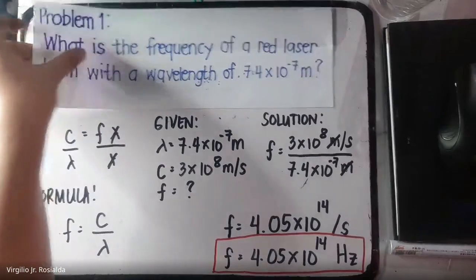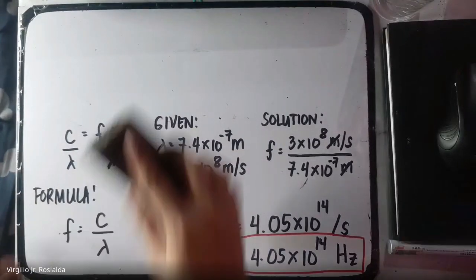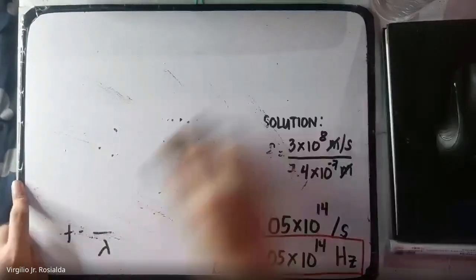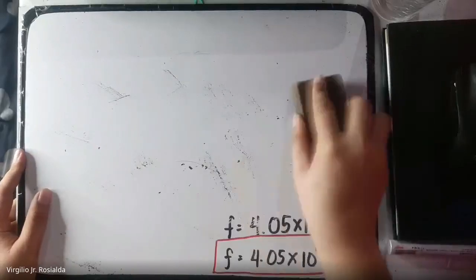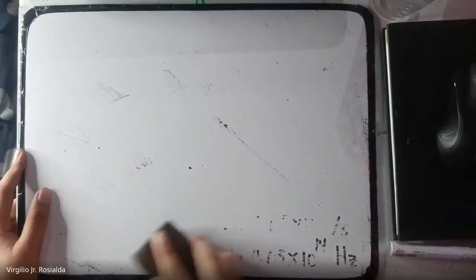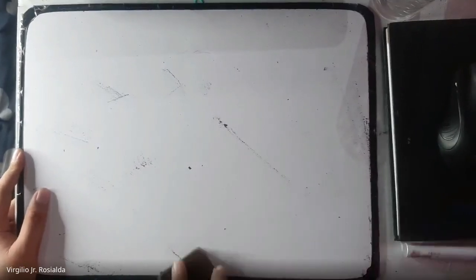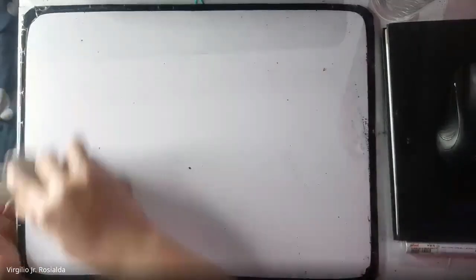Okay. So for problem number 2, allow me again to erase this writing. Medyo matagal-tagal na naman ito. For problem number 2, ganun pa rin yung gagawin natin. We just simply use the formula there. So meron na tayong unang equation, at ang unang equation natin ay frequency is equal to speed of EM wave divided by wavelength.